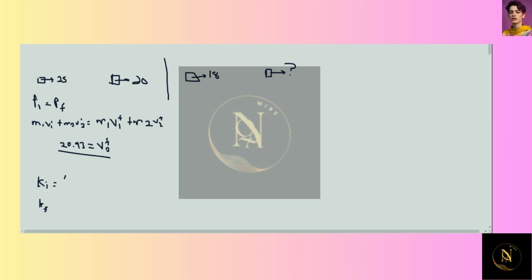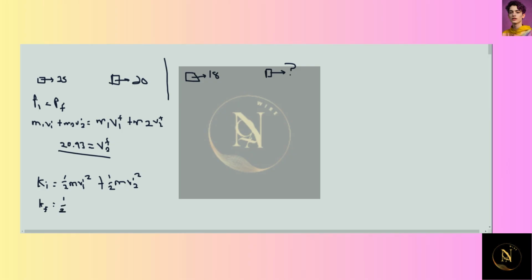So Ki is just half m v1i squared plus half m v2i squared. And Kf again will be the same.